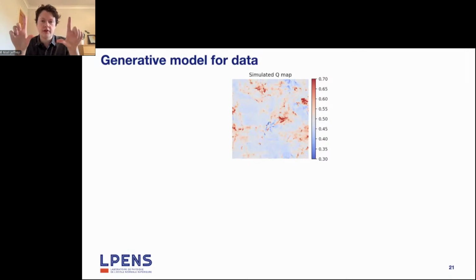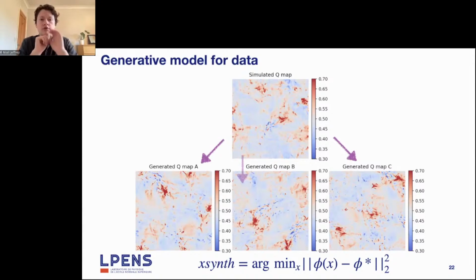This is our polarization Q map from the CMB for a BICEP-like size patch. And from that, we can generate new realizations of this original image. You can see A, B, and C, new realizations of the original image without themselves being just copies of the original image.